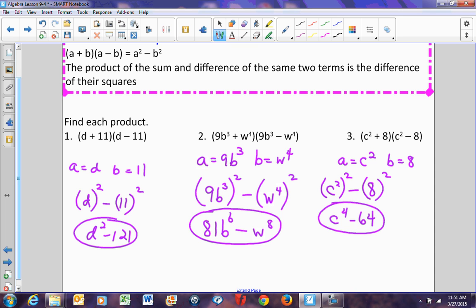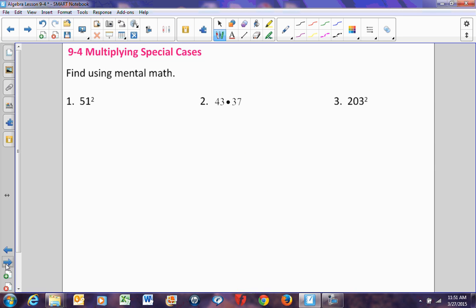Okay? These special products are also very helpful when dealing with mental math. If I had to square 51, I can't do that really super fast in my head unless I think about this. 51 is the same thing as saying 50 plus 1. Right? So I can do 50 plus 1 quantity squared.